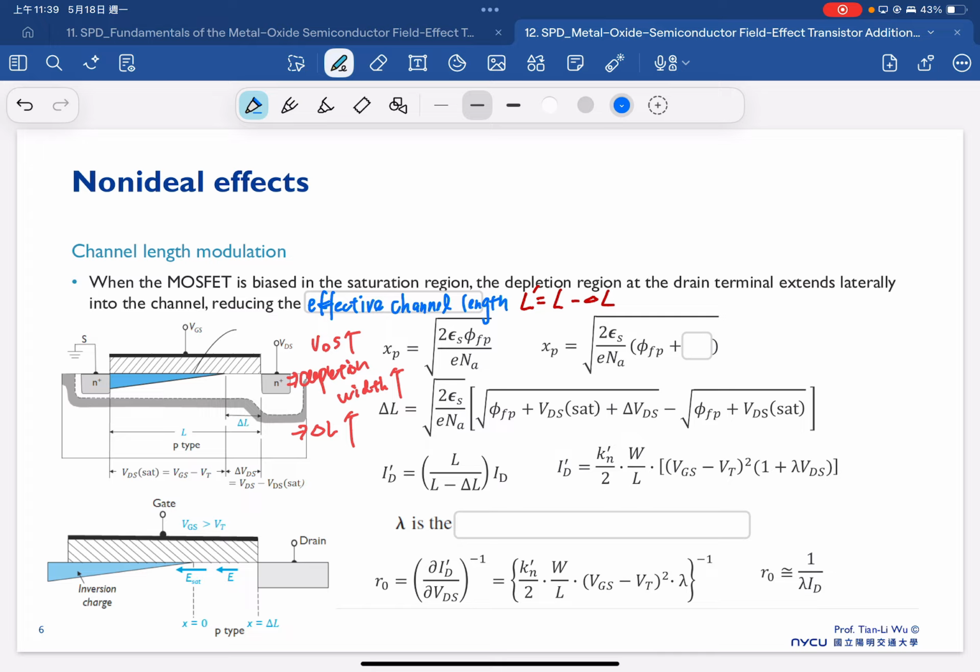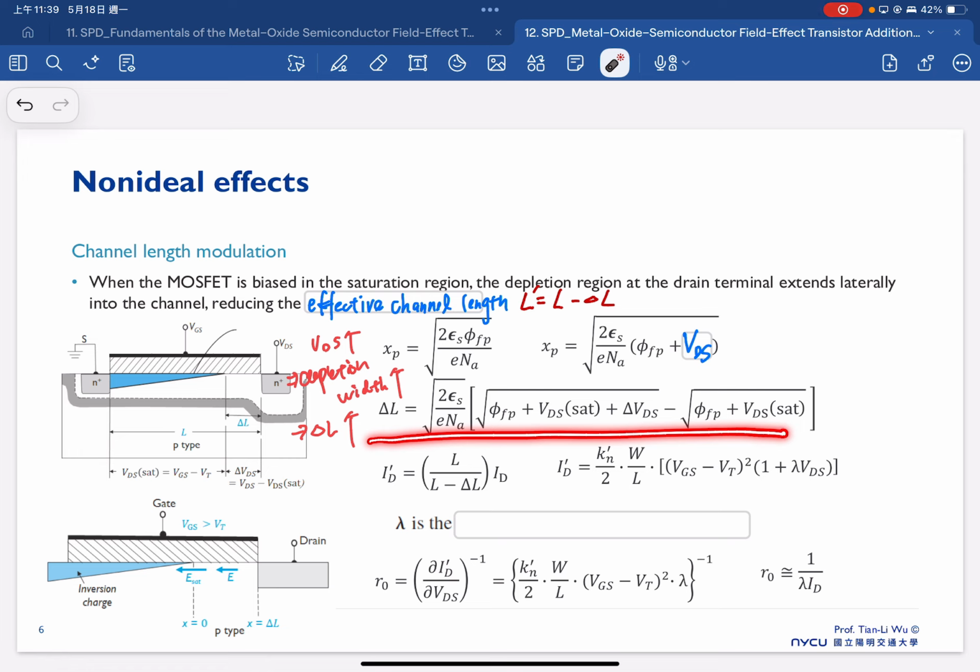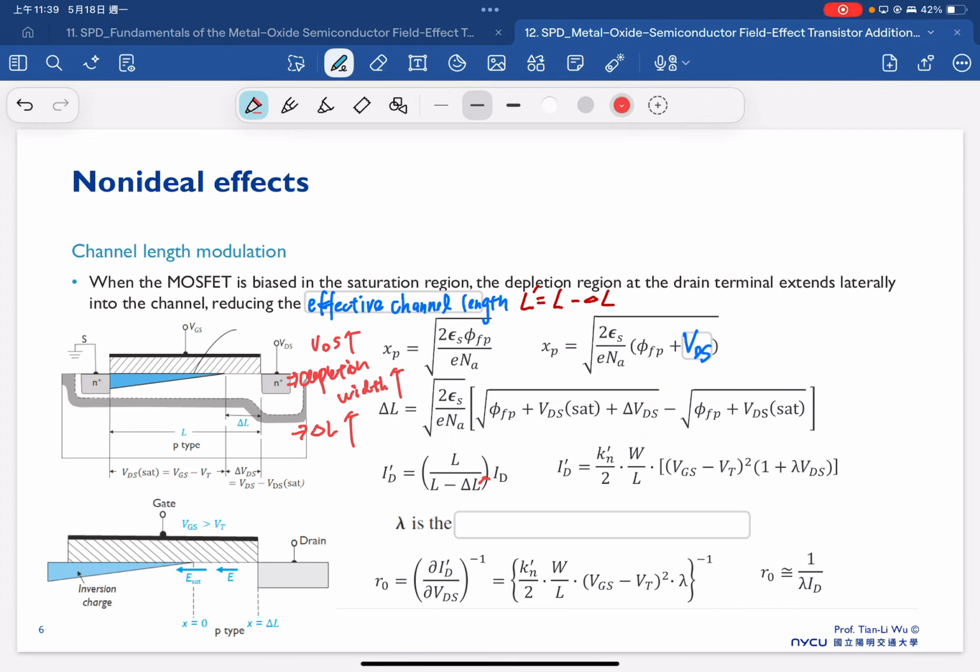So we can consider this a typical depletion width equation, but now we consider the additional one due to the VDS. So the delta L can be estimated from here. Because our current is also inversely proportional to our channel length, if the delta L is increased, which means our channel length is reduced, then our ID prime is increased in the end.